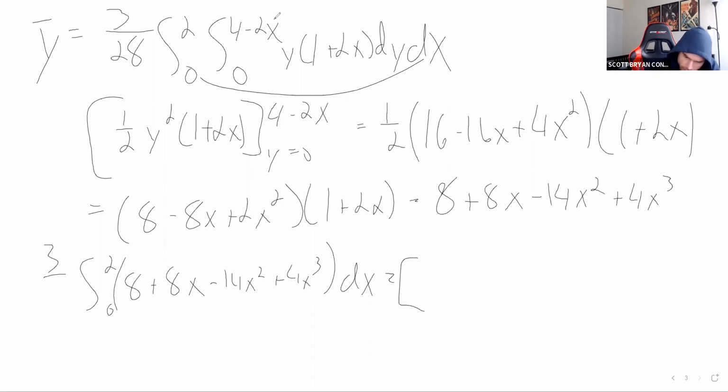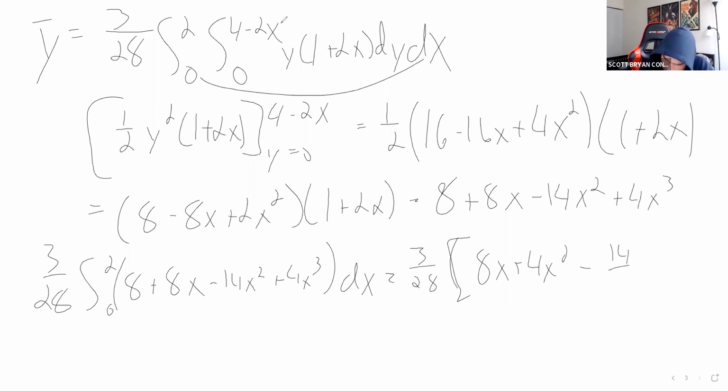And don't forget the 3 over 28. So we get 3 over 28 times 8x plus 4x squared minus 14 over 3 x cubed plus x to the 4 from 0 to 2.